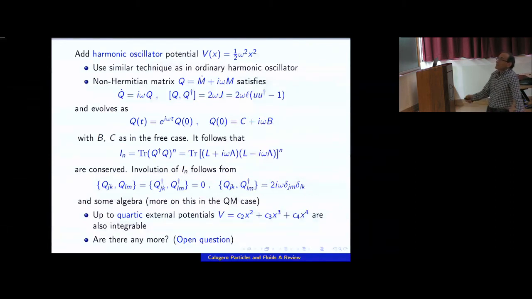The fact that these quantities are also in involution is not trivial anymore, because this Q contains both M and M dot, both coordinates and momenta, but it can still be proven by writing down the Poisson brackets of those Q's and working a little bit. So the harmonic Calogero model is again trivially solvable and integrable.